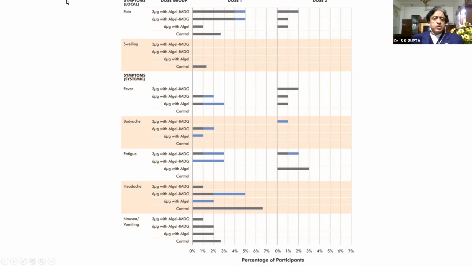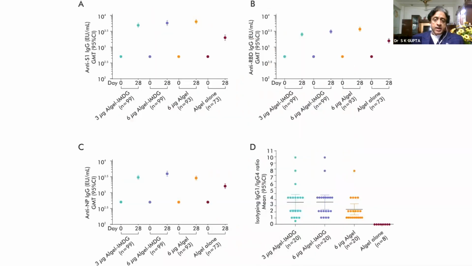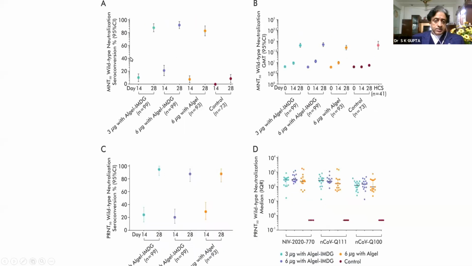The vaccine has been used in a 3 microgram dose and a 6 microgram dose with Algel, which is used as an adjuvant, and IMDG. IMDG is again an adjuvant, and adjuvants are substances added to a vaccine to enhance its immunogenicity. This data shows that the vaccine has been able to produce a good antibody response. And this is the neutralizing antibody response to the vaccine.